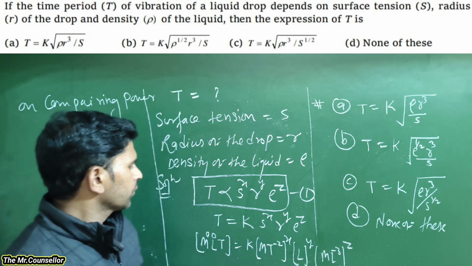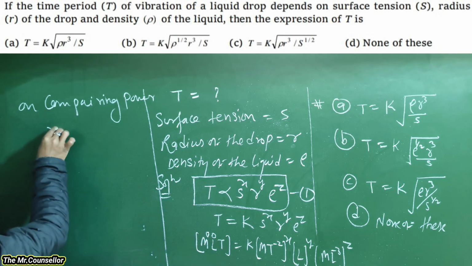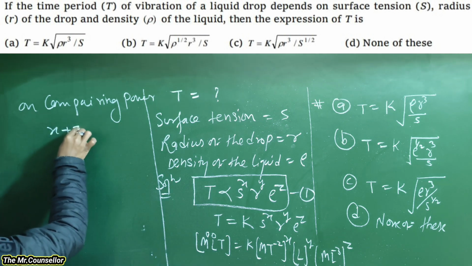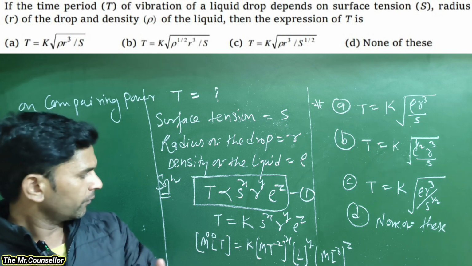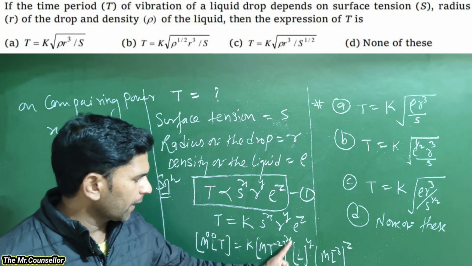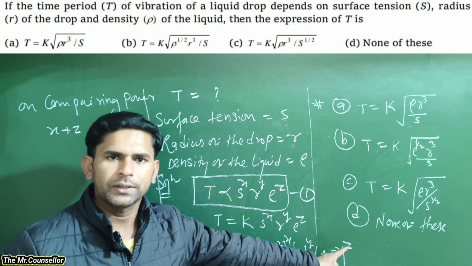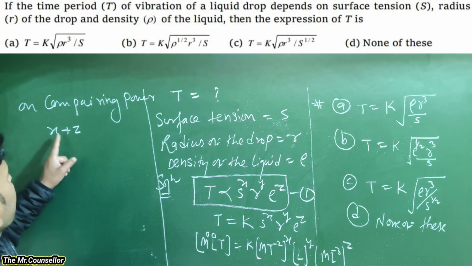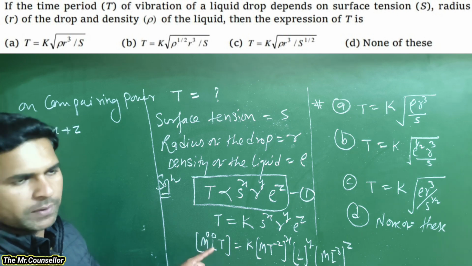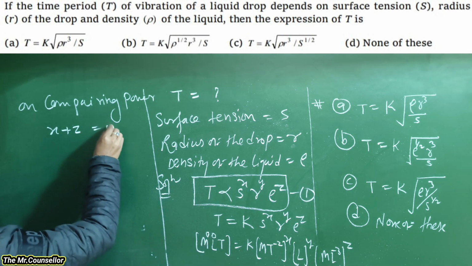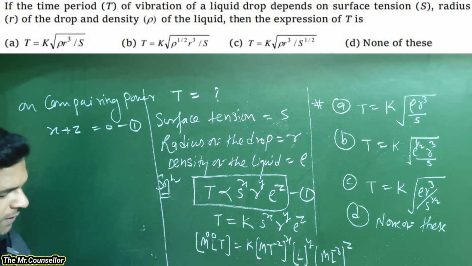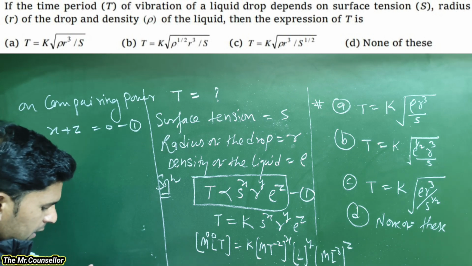So we can write x plus z. Very carefully, okay? M power x, M power z, so x plus z. Here M power naught means 0, so x plus z is equal to 0. You can call this an equation.